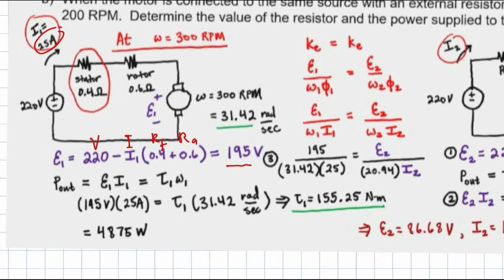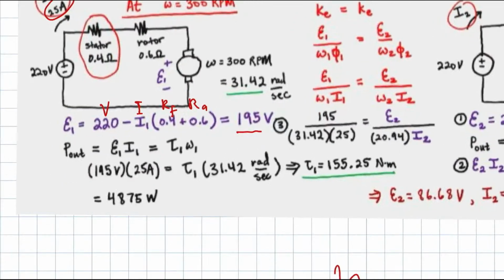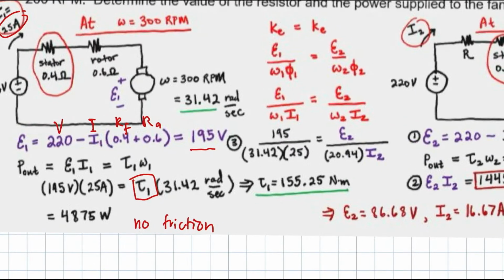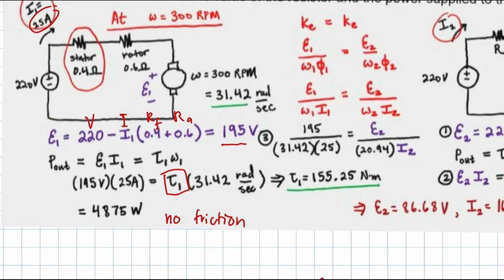So for power output, since it doesn't mention frictional loss, assume no friction. So EI equals T omega. So find the torque. The torque comes to 155.25.